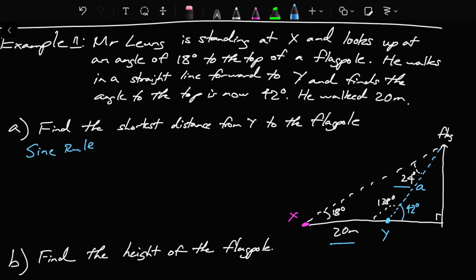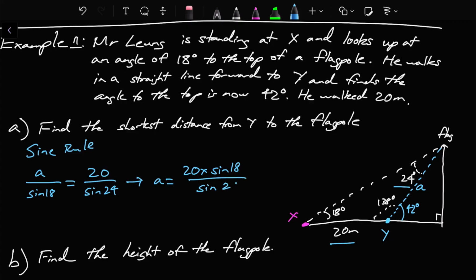We're going to solve for the side length, so A over sine 18 is equal to 20 over sine of 24, which means that A is equal to 20 times sine of 18 over sine of 24.